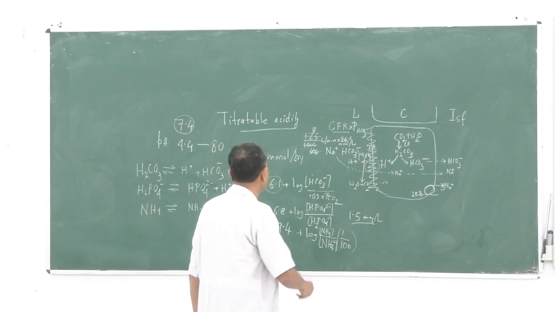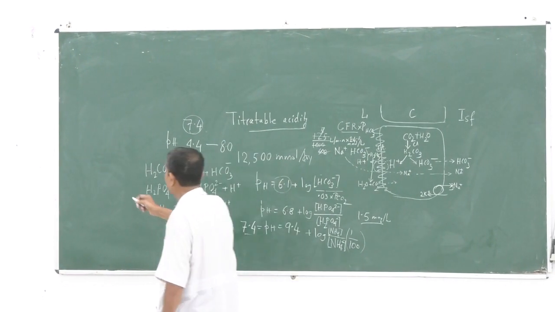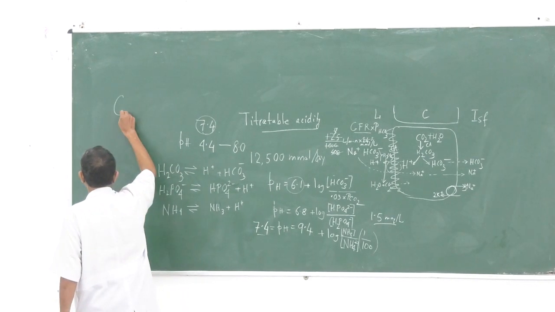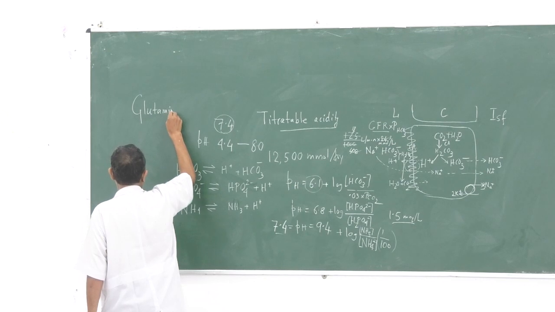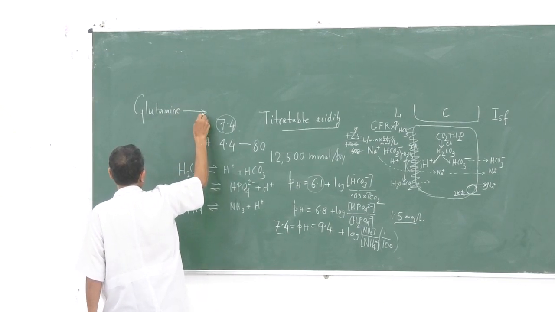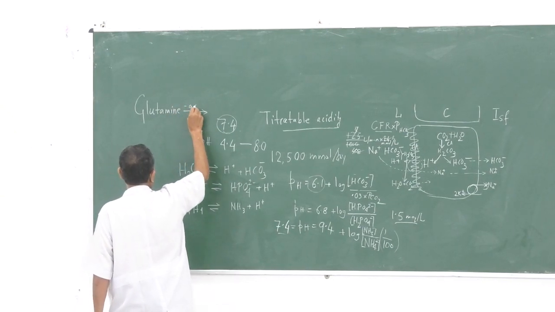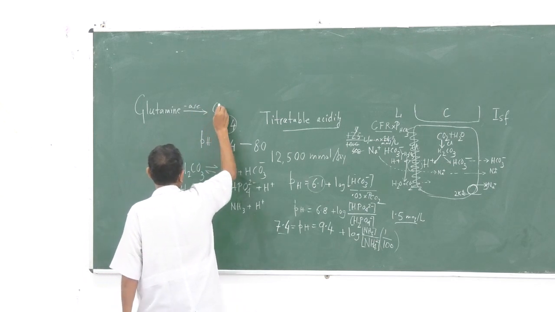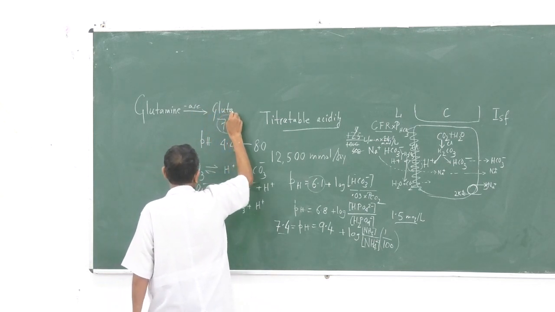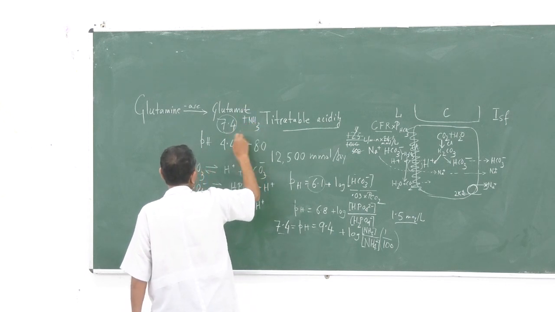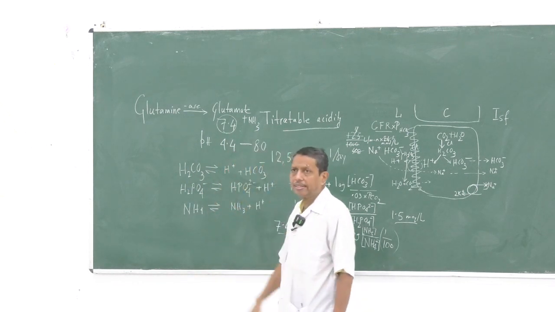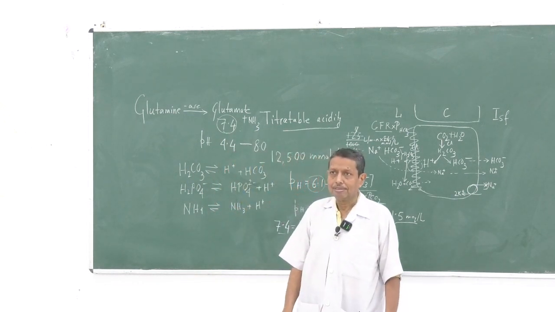Glutamine is converted by glutaminase enzyme into glutamate and NH3, or NH4 plus as in the textbook.